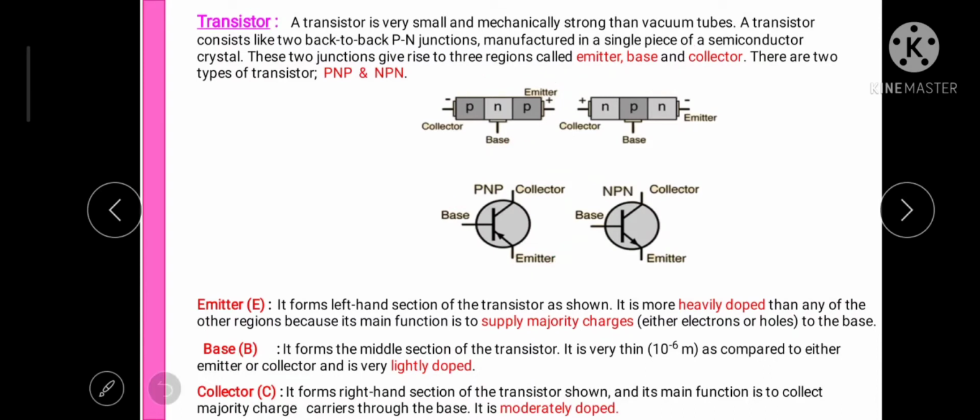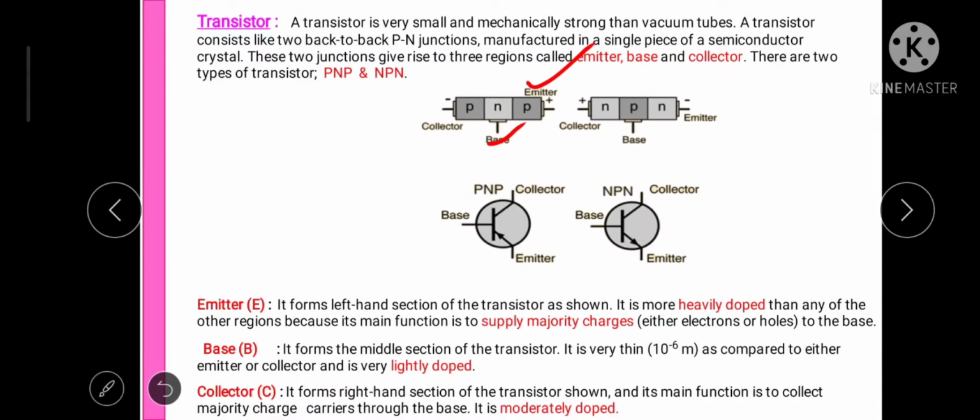In the top left figure, the emitter terminal is shown here. It is more heavily doped than any of the other regions because its main function is to supply majority charge carriers to the base. In the middle section, there is the base terminal. It forms the middle section of the transistor.